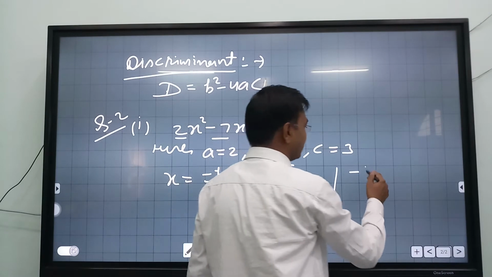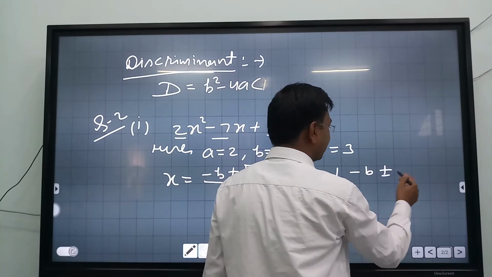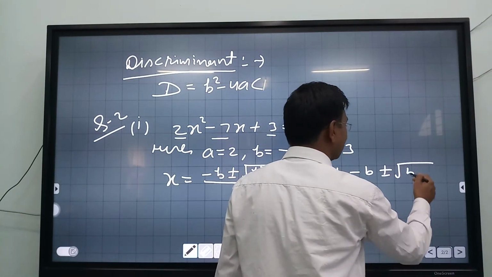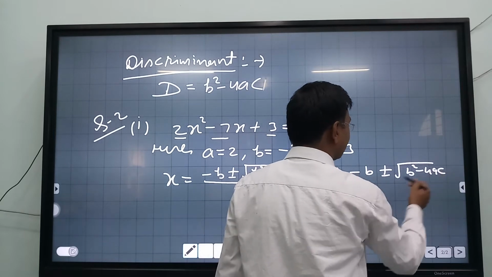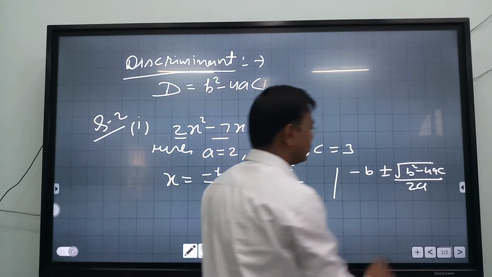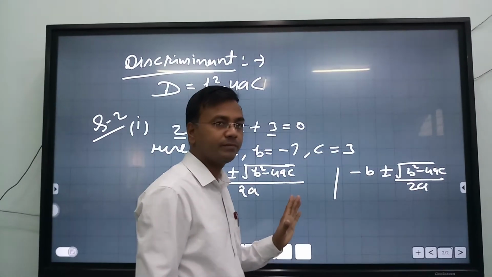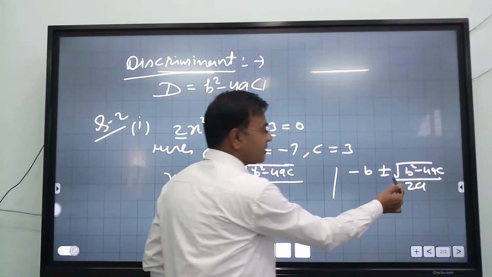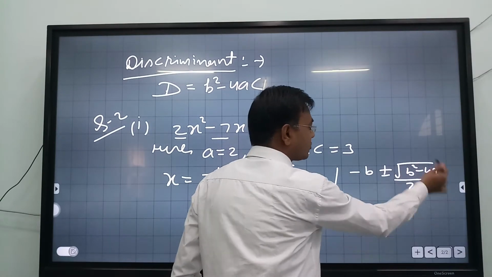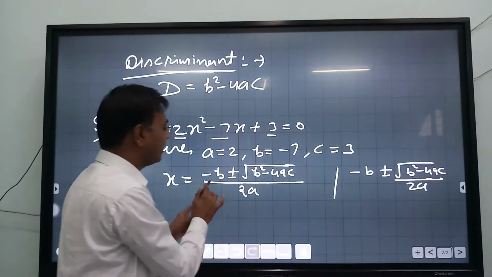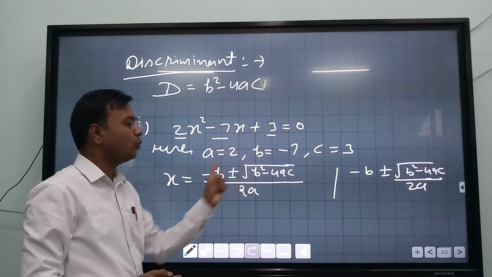I give you one example. You might be writing like this. Some students write b square minus 4ac upon 2a. This is the wrong way of writing the formula. Why? Because this upon is only with this term, but actually this 2a has to cover the whole term.